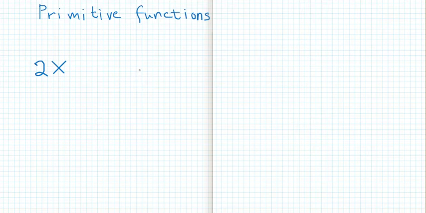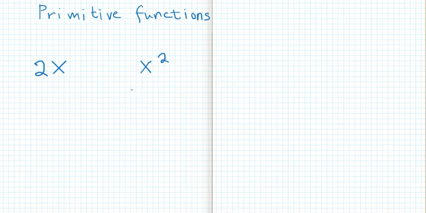Well, we can actually guess this one because it's pretty easy. It's x squared, right? Because if this is the function and we find the derivative, the 2 moves in front, it's 2 times x, and then we decrease the exponent by 1.